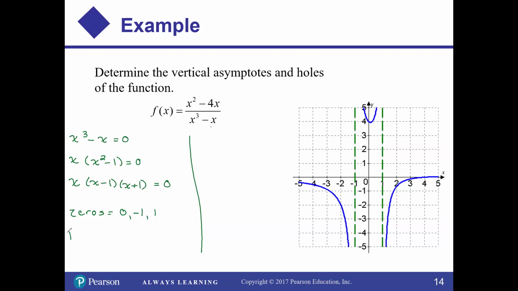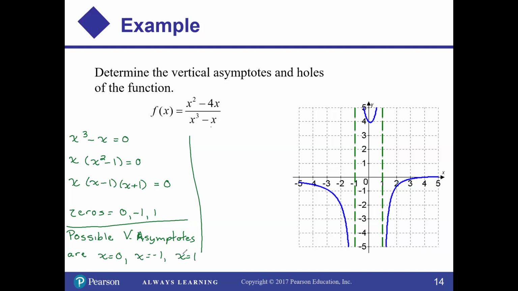So my possible vertical asymptotes, we're just going to call them V asymptotes, are going to be x equals 0, x equals negative 1, or x equals 1.